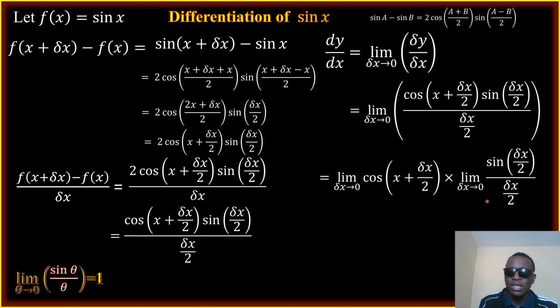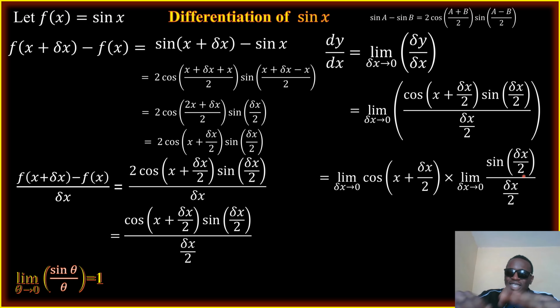Are you seeing that when delta x is approaching 0, it means it's small? Delta x is small and you are dividing by 2. When you take a small number and divide by 2, it becomes smaller. I hope you understand. Take 0.1, divide it by 2, you get a smaller number.